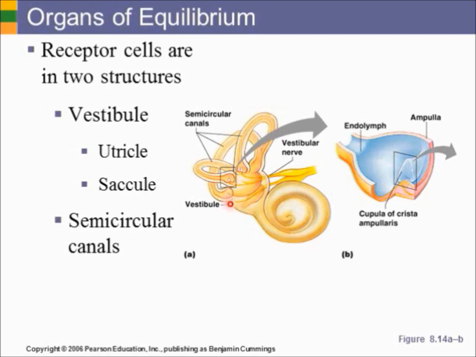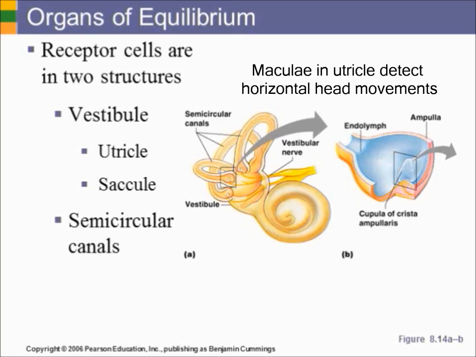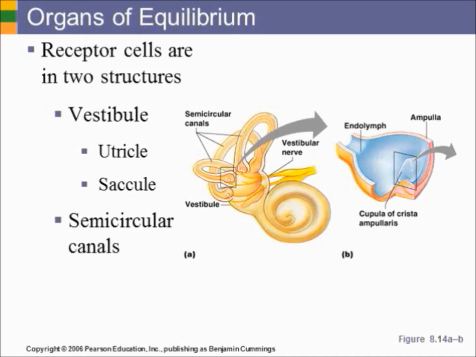This is going to be responsible for detecting the horizontal movements of your head because of the way the special receptor cells called macula are arranged. The saccule, those special receptor cells, still called macula, are arranged vertically. So the saccule is going to be responsible for picking up your head tip or tilt.